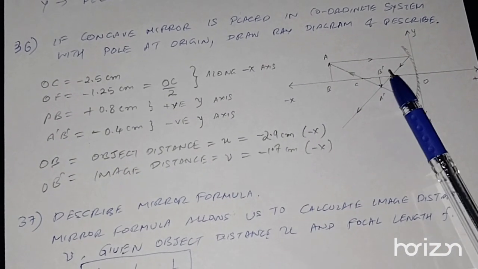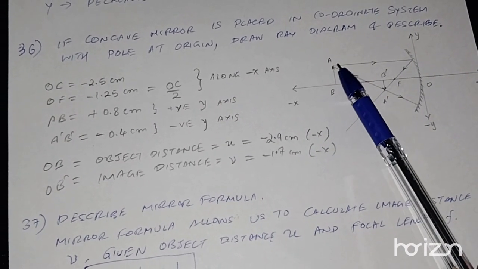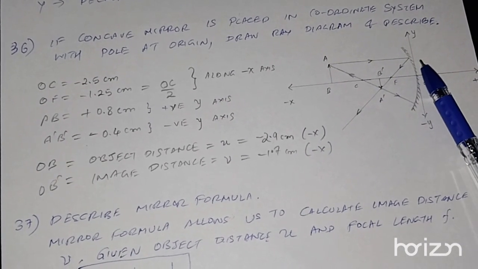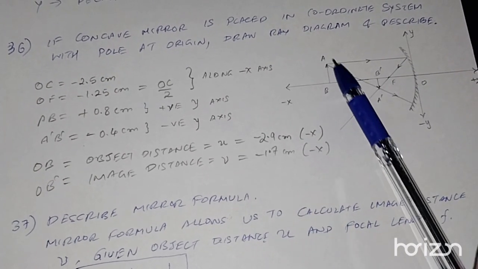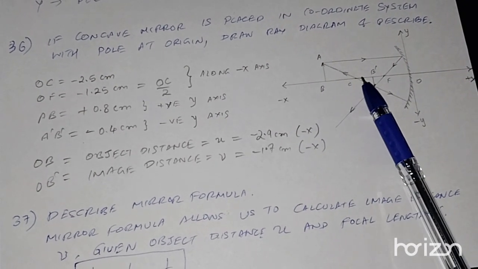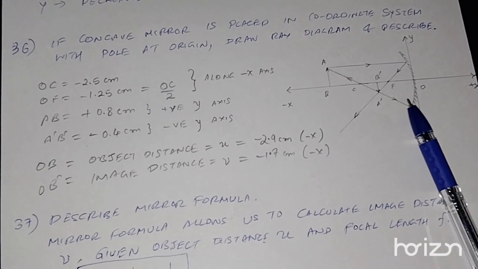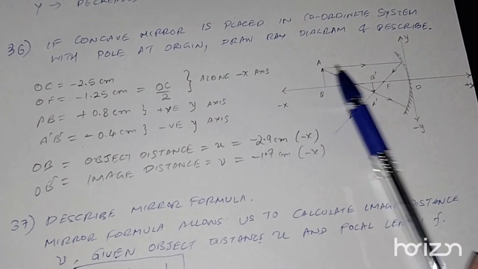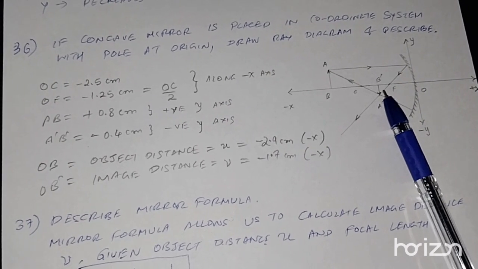A dash, B dash, if you take a scale, this ray diagram you have already seen before, right? A ray parallel to the principal axis gets reflected through the focal point, and another ray which is passing through C, coming along the radius of curvature, gets reflected along the same line but in the opposite direction, and these two rays intersect, and where they intersect, the image is formed.